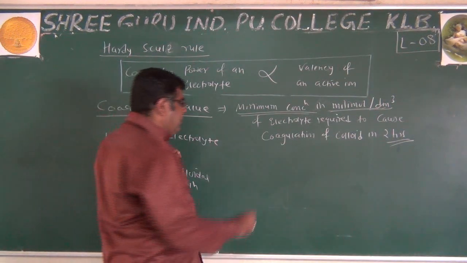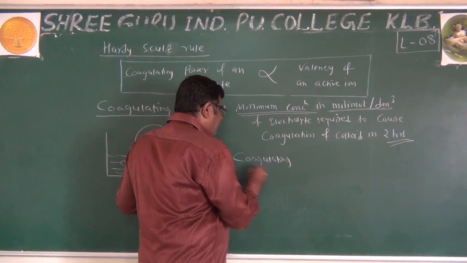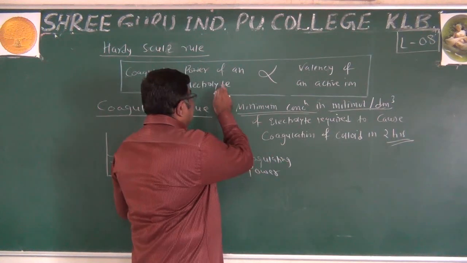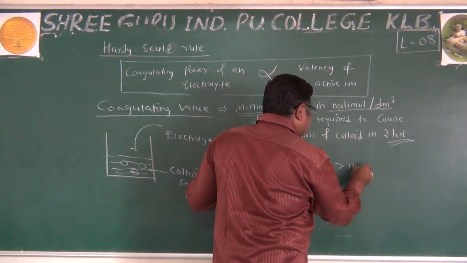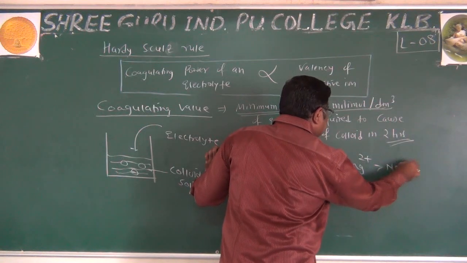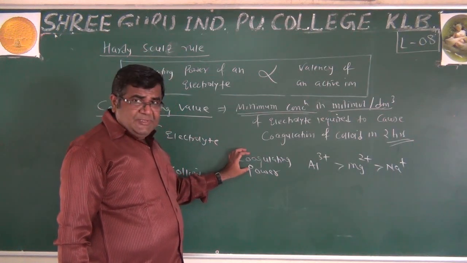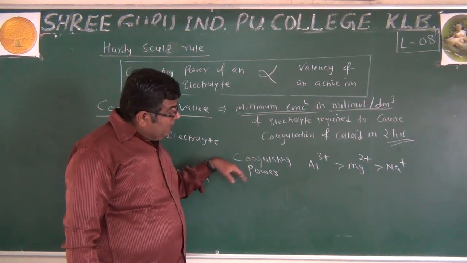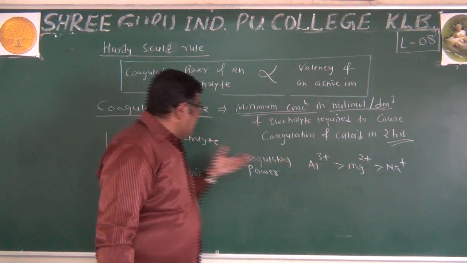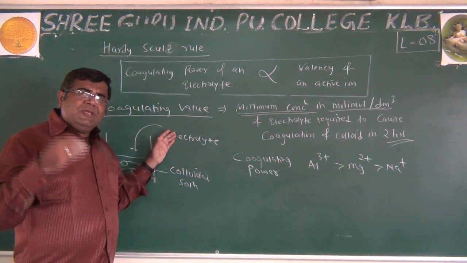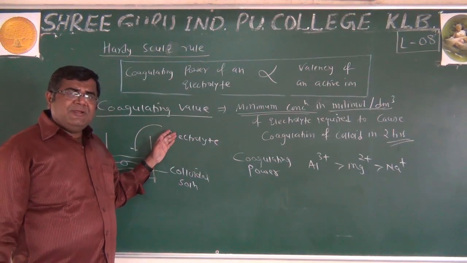For example, if we say coagulating power, which is directly proportional to the valence of the active ion, Al3+ is greater than Mg2+ greater than Na+. Now, which electrolyte is required in more amount? That will be required in more amount whose power is less, Na+. As it has less power, we need to add more of it so that coagulation may take place.